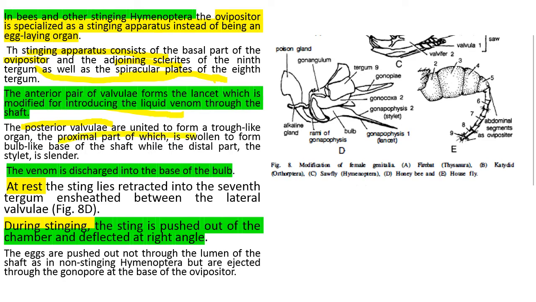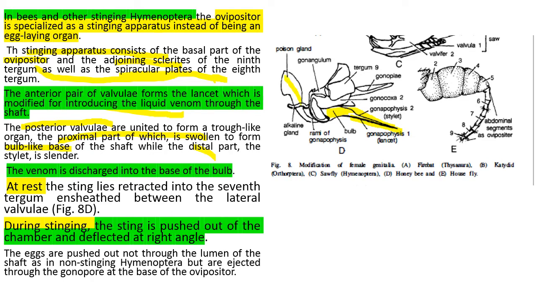The proximal part is swollen to form a bulb like base, and the distal part is slender. So this part I am talking about, this is the proximal part which is bulbous, and this is the slender part which is the stylet.